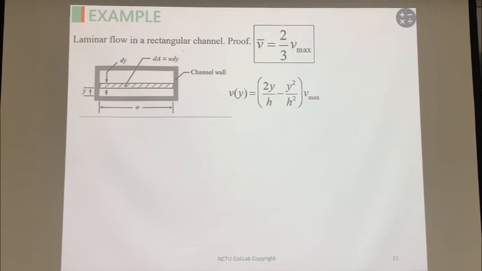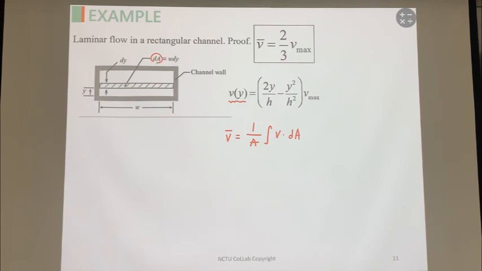So in our following examples, if we know the velocity, we know the mean velocity is 1 over the total area times the integration, and the right hand side is Q. So we have the velocity field multiplied by dA, and we do the integration.